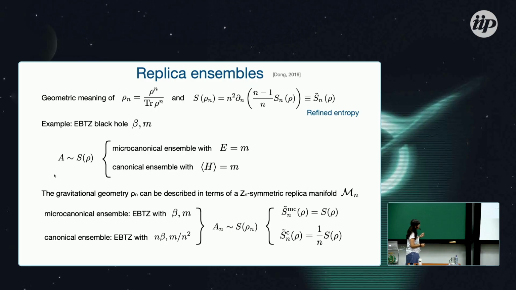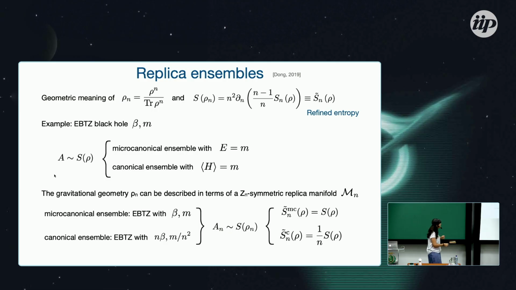If instead we start from a canonical ensemble, the construction now has as boundary condition a thermal circle which has length n beta, and in order to fill it with a smooth solution, one needs to rescale the mass of the black hole in such a way.